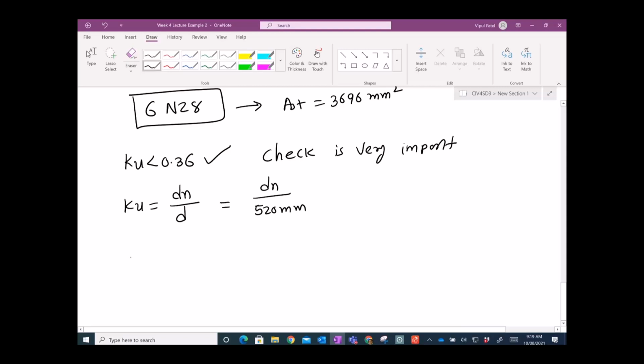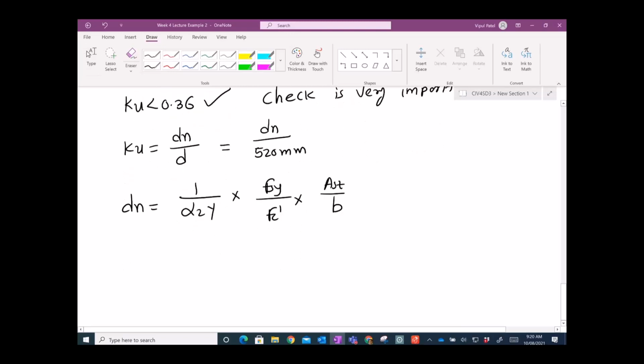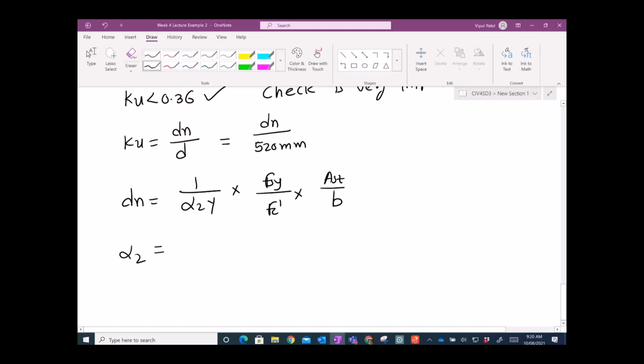Now, if you want to find dn, then you have these equations. Probably you know from the singly reinforced one, the equilibrium: fsy times Ast equals alpha 2 times fc dash times b times gamma times dn.